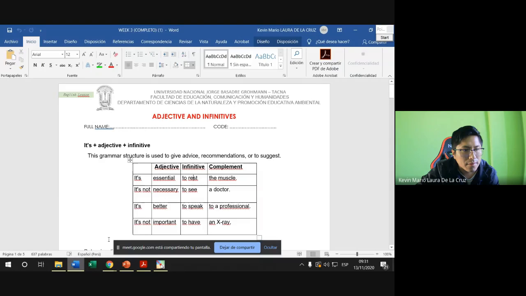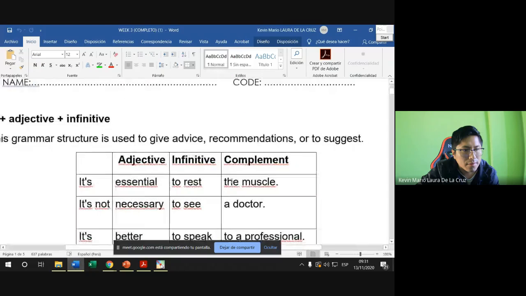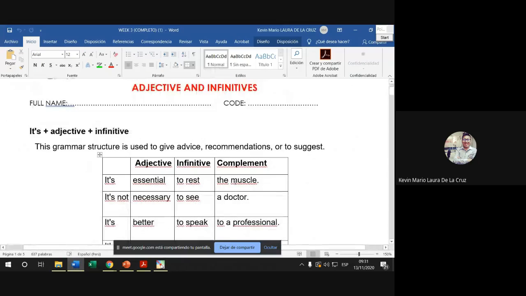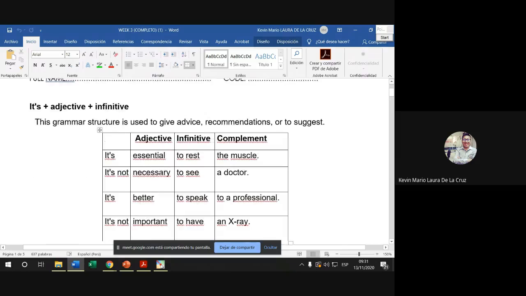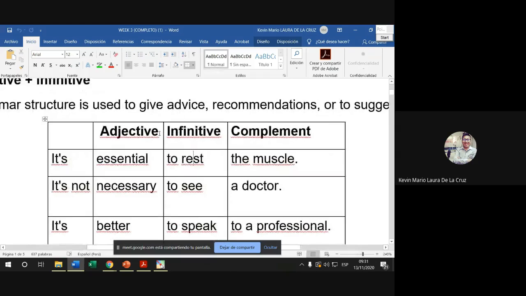Okay. So, here we'll discuss the use of adjectives with infinitive verbs. When we are going to work with adjectives, we know, from your previous experience with English in the last cycle, that before an adjective it is really necessary to work with the verb to be.